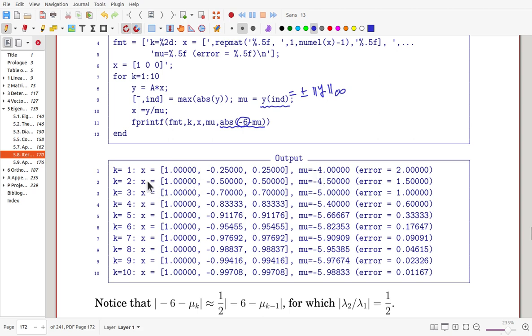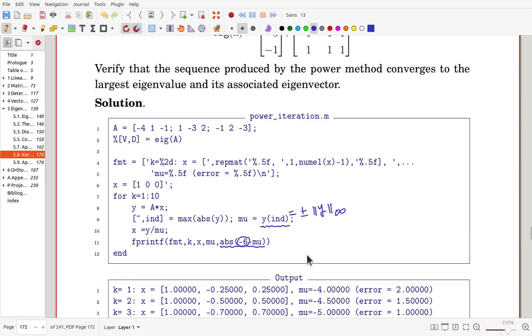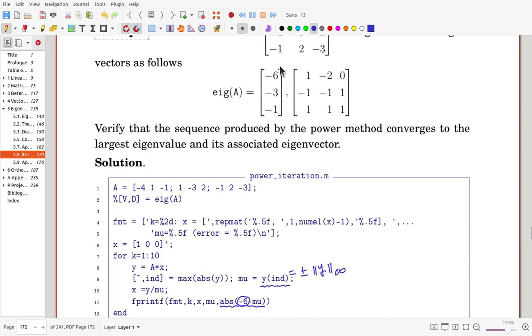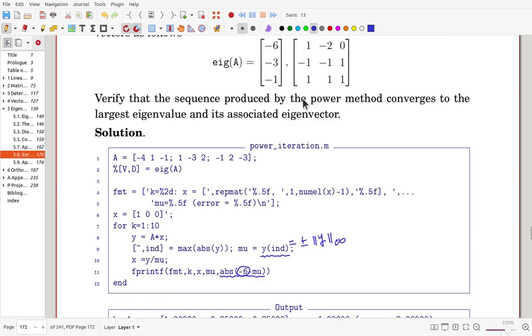And second iteration, third iteration, and after 10 iterations, you can see here now the vector x is 1, that is almost minus 1, and this is almost 1. Here, for this eigenvalue, the eigenvector is 1, minus 1, and 1.